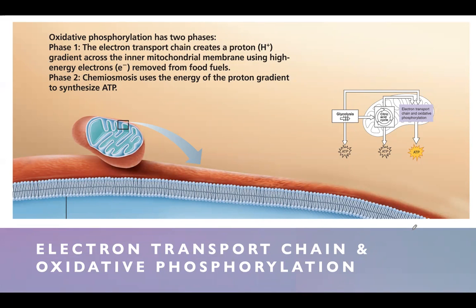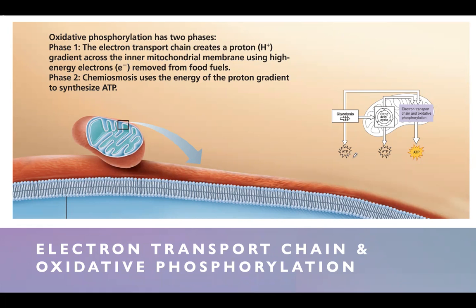The final step of cellular respiration, the way our cells take glucose and turn it into ATP, is the electron transport chain and oxidative phosphorylation. This occurs within the inner mitochondrial membrane of the mitochondria.